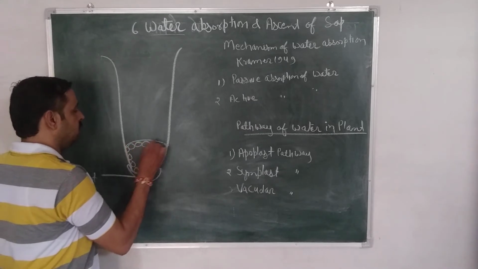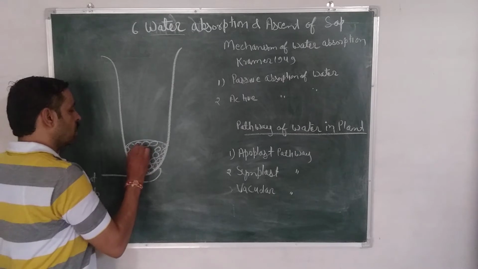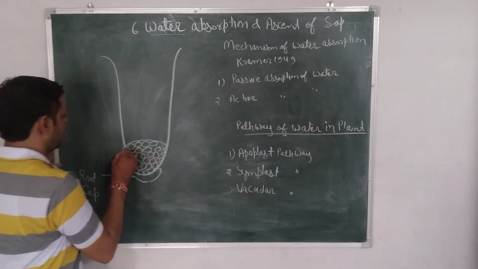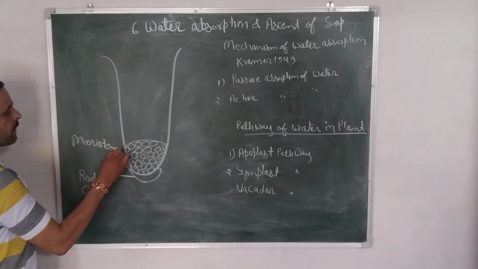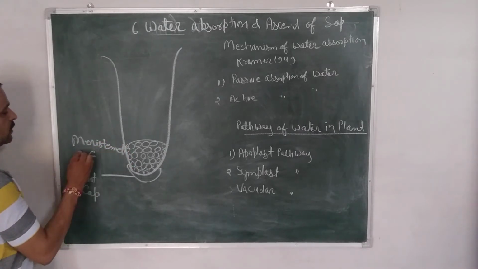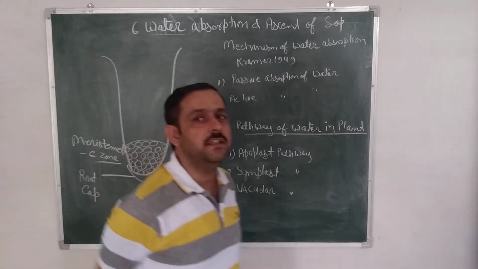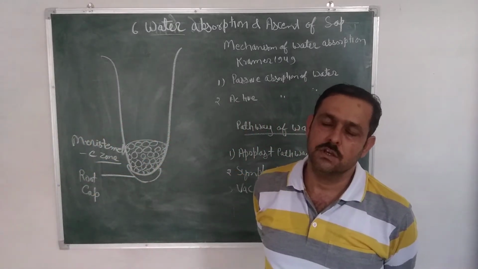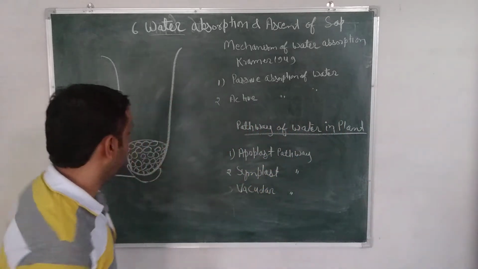In the meristematic zone, the cells are continuously dividing, because these cells have dense cytoplasm, are small in size, and are continuously dividing.